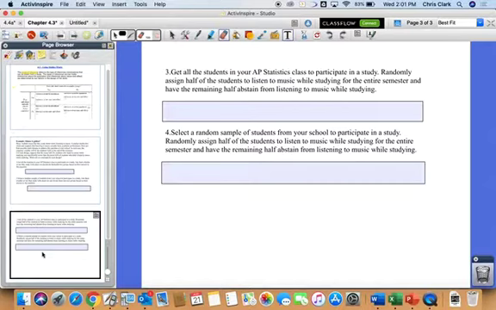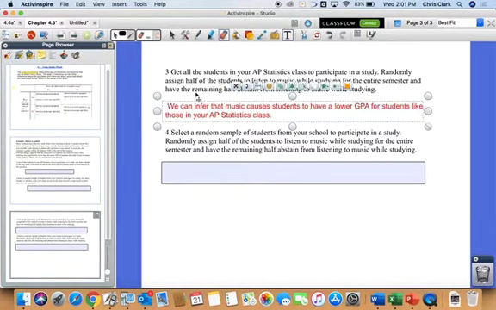Half the students got no music, half the students got music. So, we can say that, and this is really kind of an important distinction, we can infer that music causes students to have a lower GPA for students like those in your AP Statistics class.